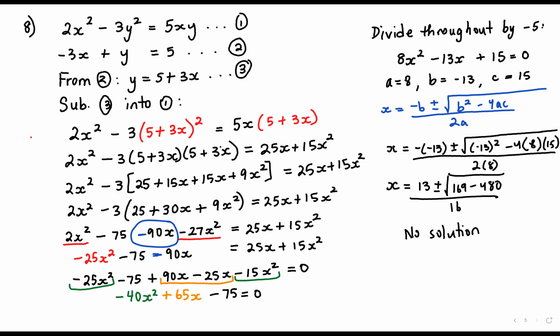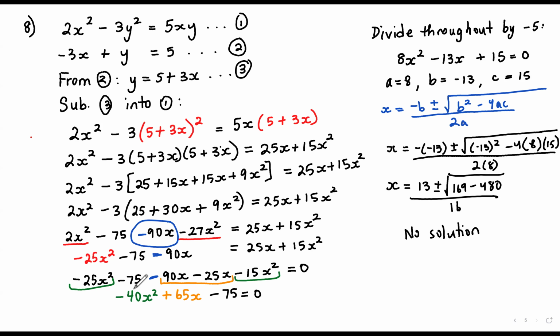And then this will end up being -25x minus 75 minus 90. Here it should be -90 minus 25 minus 15x. So then you'll end up with 25x squared minus 15x squared, which is minus 40x squared.